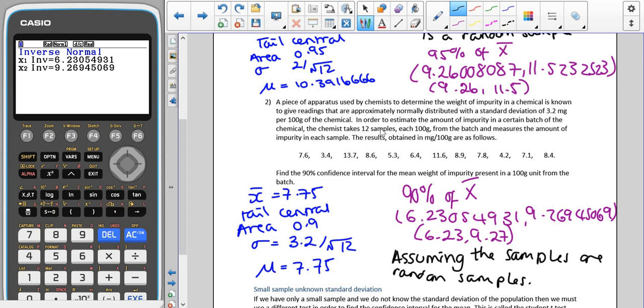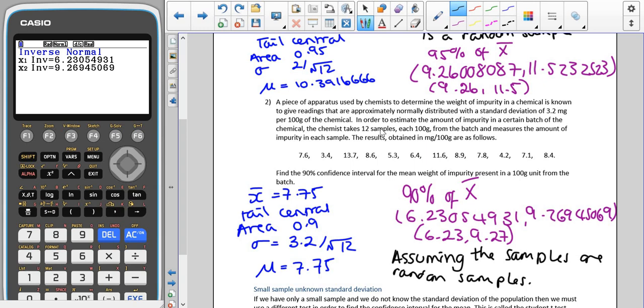So again, it's just saying that because the 3.2 per 100 grams was our standard deviation, and here we are still taking the 100 grams, we're still taking the same amount really. From the batch, and measures the amount of impurity in each sample.